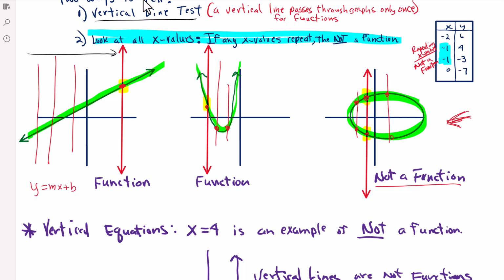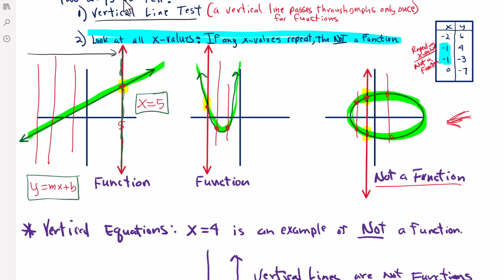The only exception to linear equations is a vertical line, say x is equal to 5. Vertical lines are not functions because if you put another vertical line on top of that vertical line, they touch it infinitely many times. So vertical lines are not functions, but all other linear equations are functions.